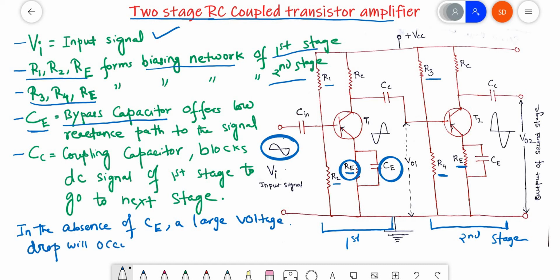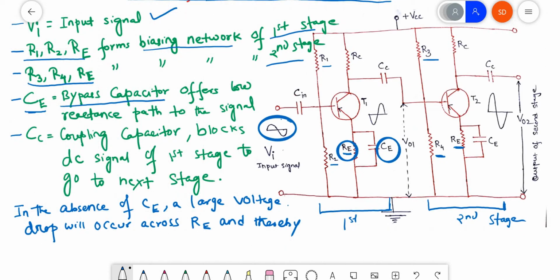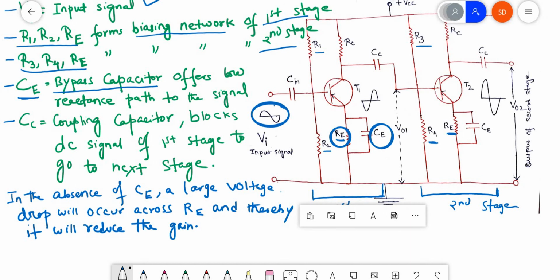Thereby it will reduce the gain from the first stage to the next stage, which you don't want.